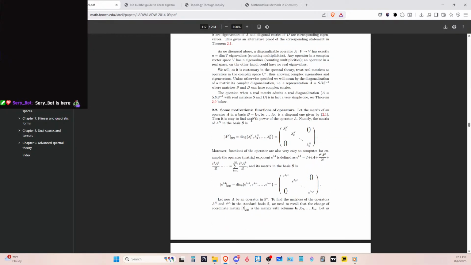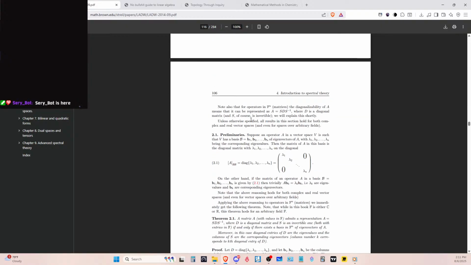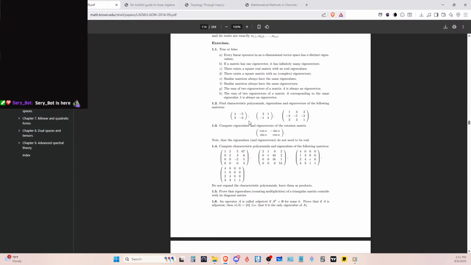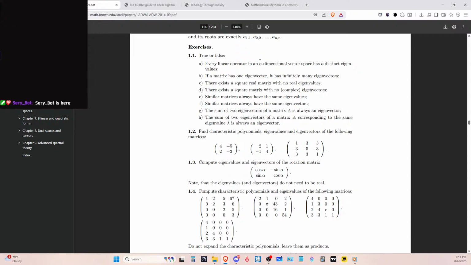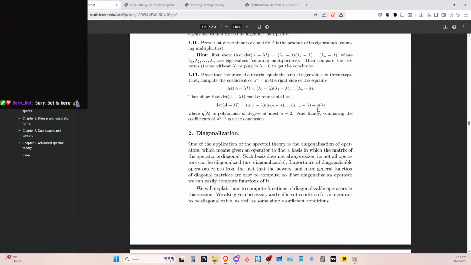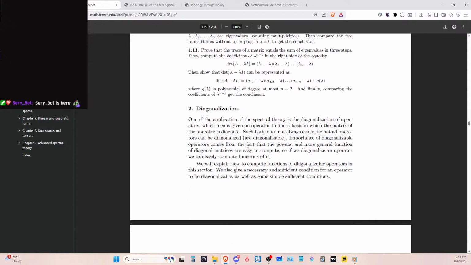Let's take a look here. Maybe this will give us a clue. Oh, these are exercises. Diagonalization. Okay, maybe this will give us a clue.